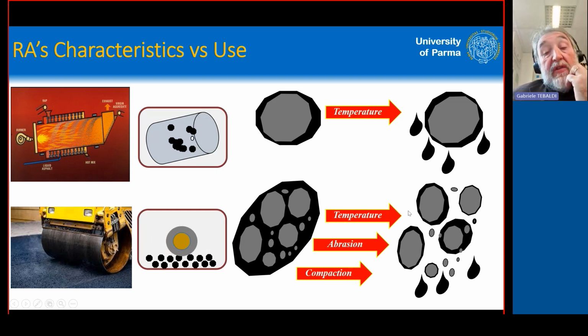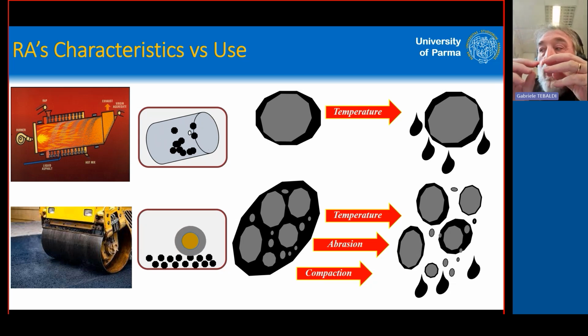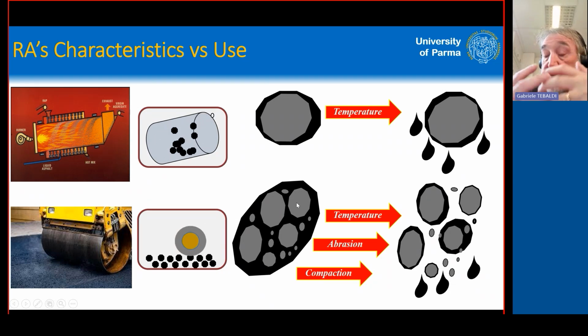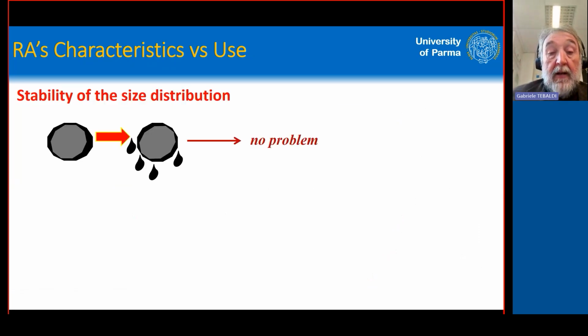And again, we also have the action of the temperature, which in this case works in two ways. One, making the bitumen softer, but also making weak the connection among the particles of the cluster, and it can increase the disruption of the agglomerate.